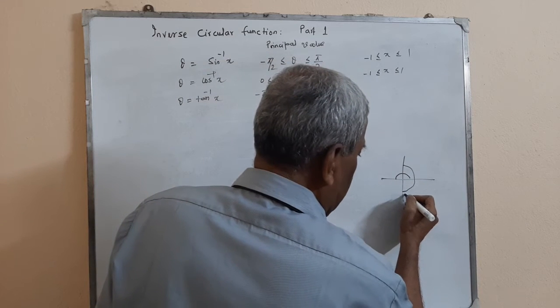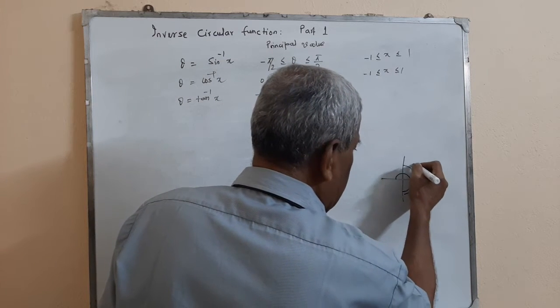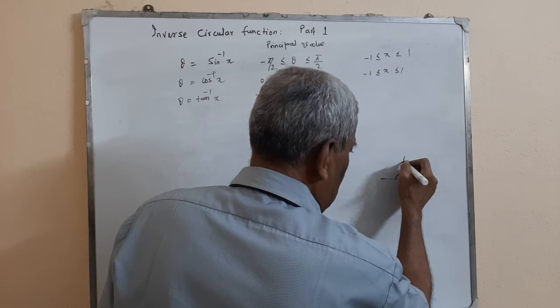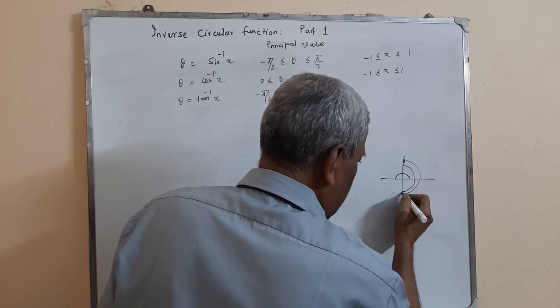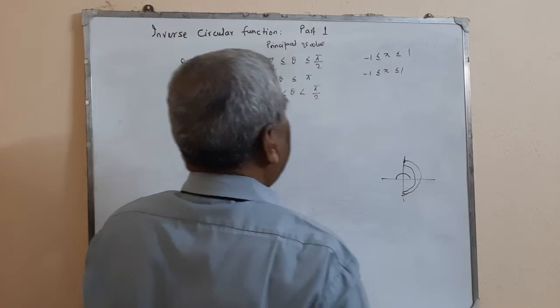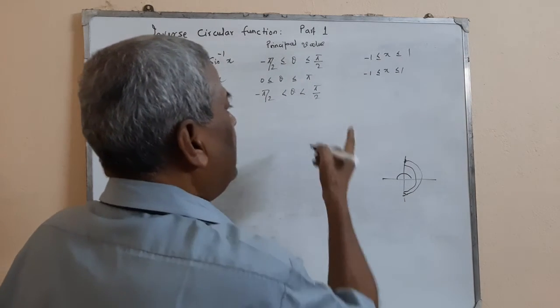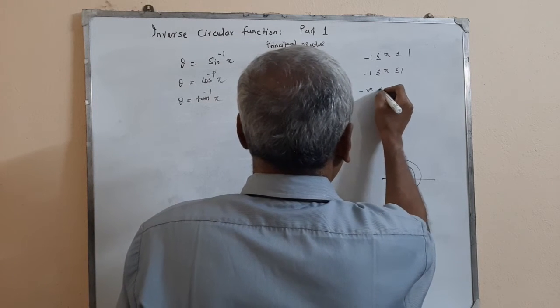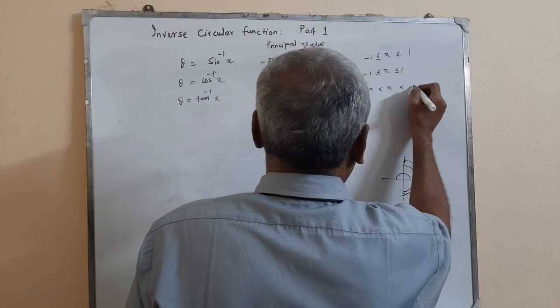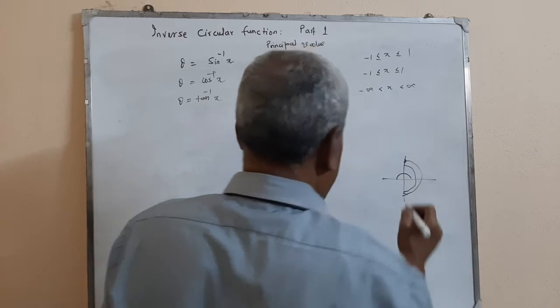So it is actually from this to that. It cannot touch this. And the domain of x is minus infinity less than x less than infinity.